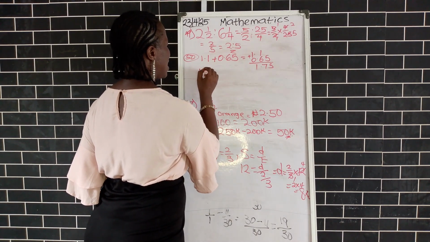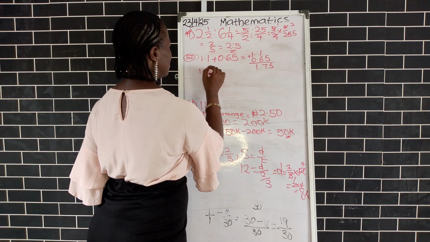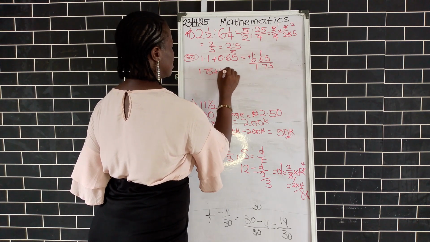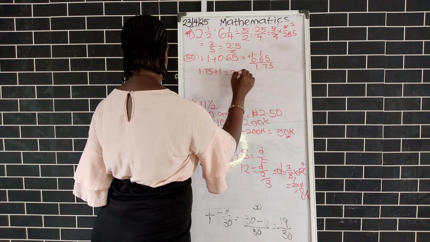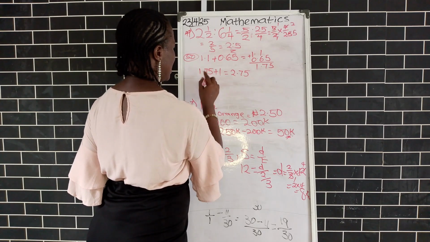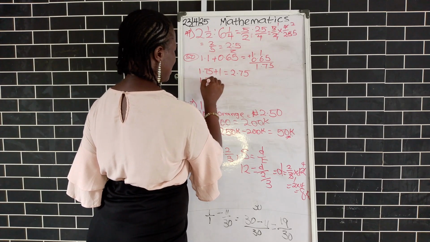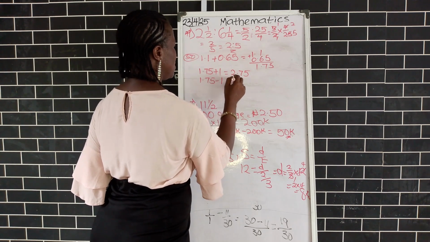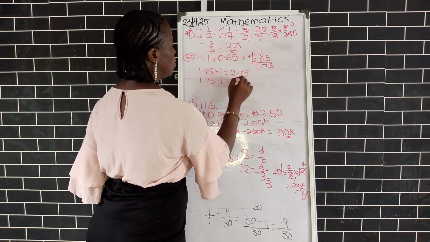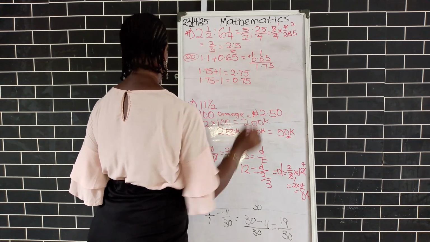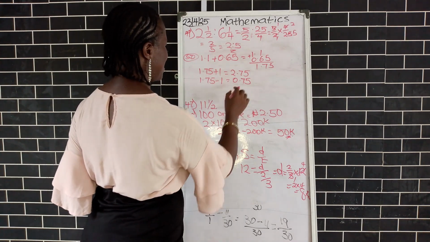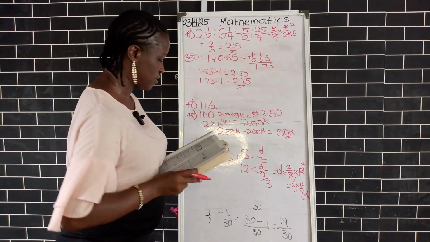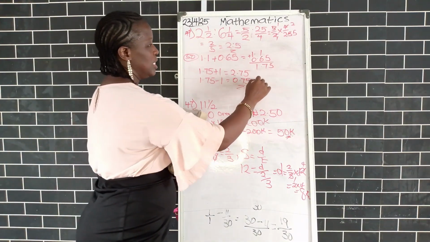No. So that would be 1.75 divided by 2, which will give you 0.875. Our final answer there is 0.875, which is option D.